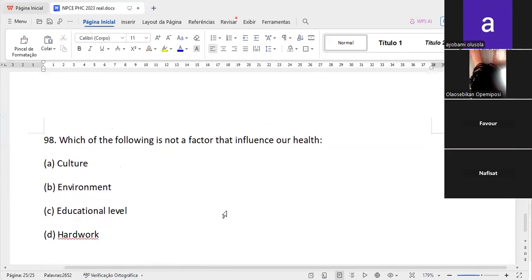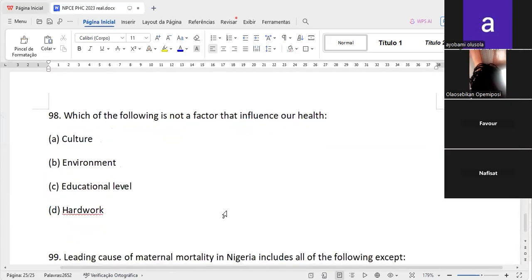Which of the following is not a factor that influences our health? Hard work, correct.